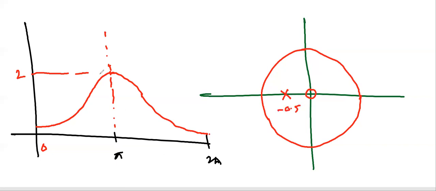So you'll find the maximum value 2, and the minimum value is again 2 by 3. It is, of course, a low pass filter. So the main motivation of this part of the lecture is that by choosing the pole and the 0 locations, you can design your filter very well.